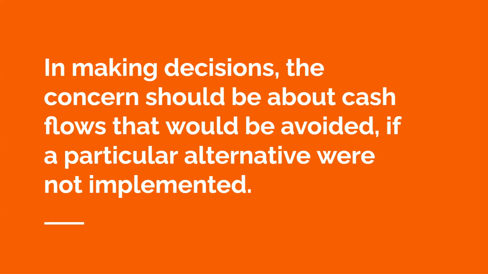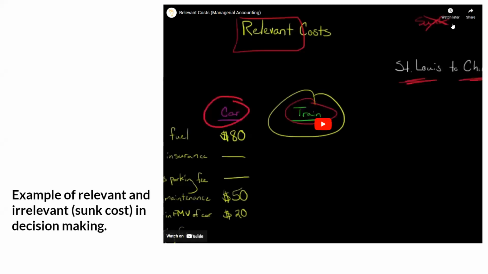It's either a decision to do or not to do. When we're talking about relevant and irrelevant costs, so avoidable and unavoidable costs, it means that if I make this decision, then I'm going to incur this cost. If I don't make this decision, then I'm not incurring this cost. So you want to justify whether it makes sense or not to incur the cost. So here's a little video explaining how we could look at it.